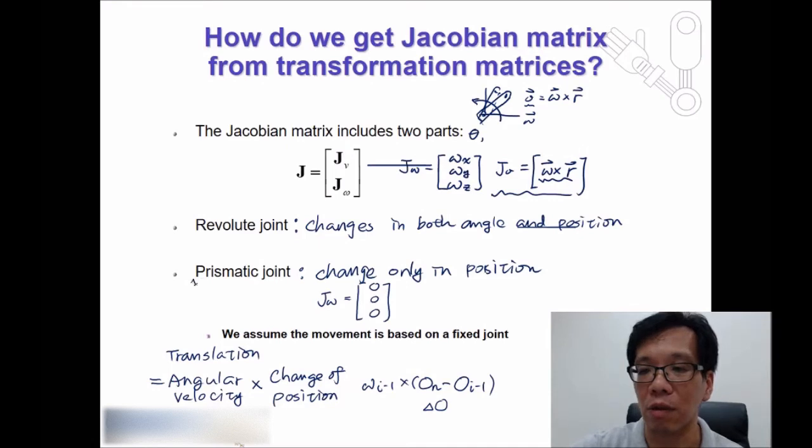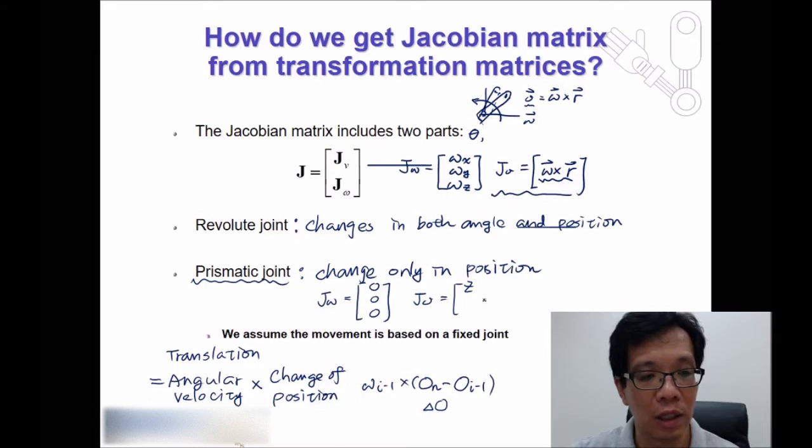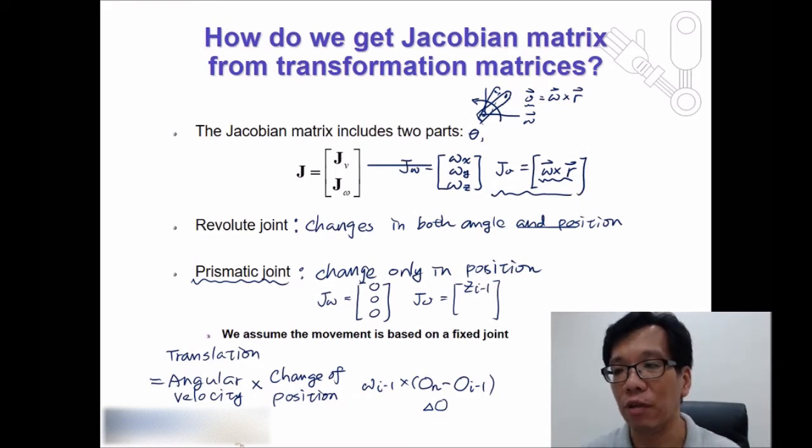That is because we have a prismatic joint. But for linear movement, we're going to use z i minus 1 from your transformation matrix. That is something you need to fill into this matrix.